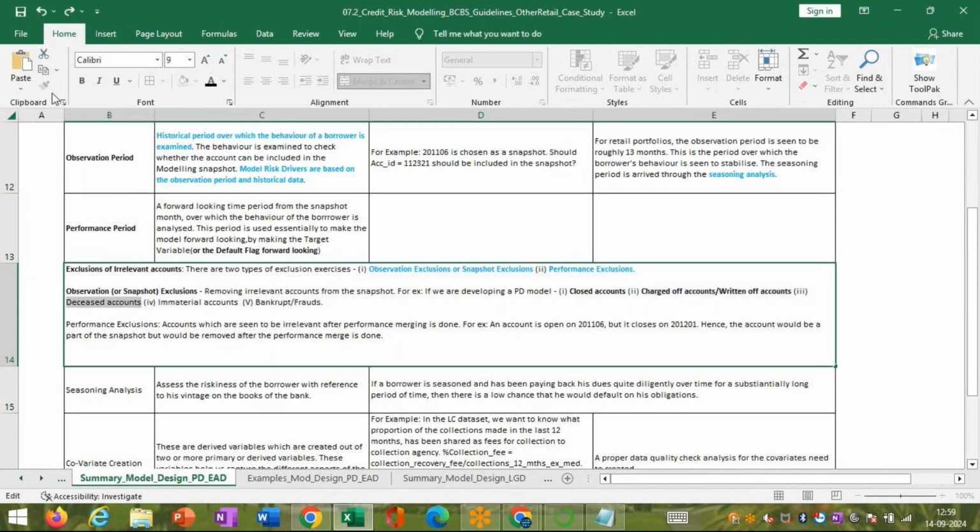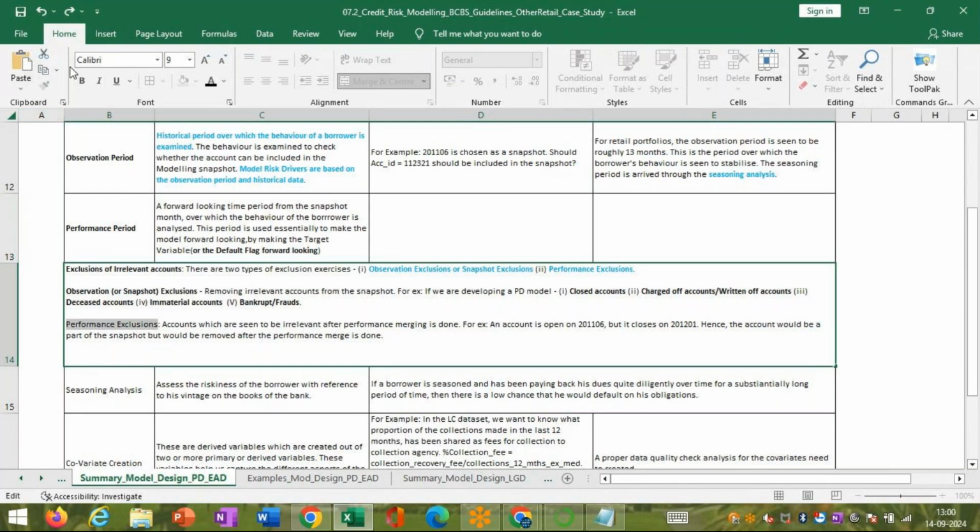Then you have the immaterial accounts. An immaterial account is something which you can apply for a fixed term loan product, but for revolving products you cannot. Then bankrupt, and frauds.